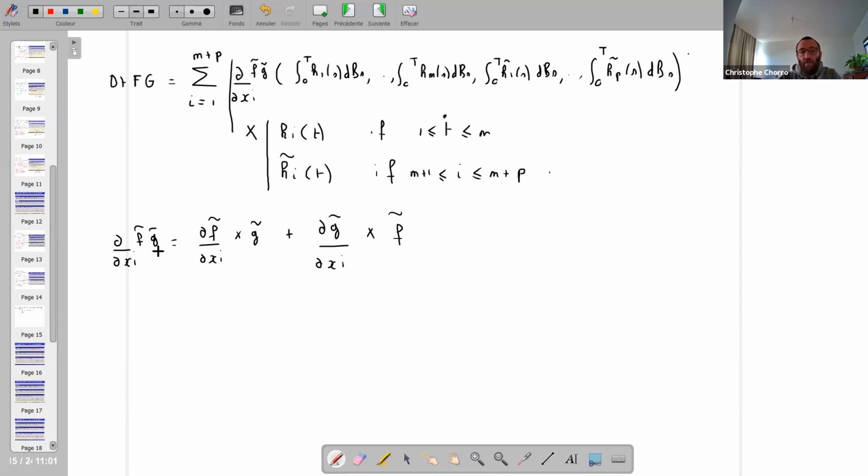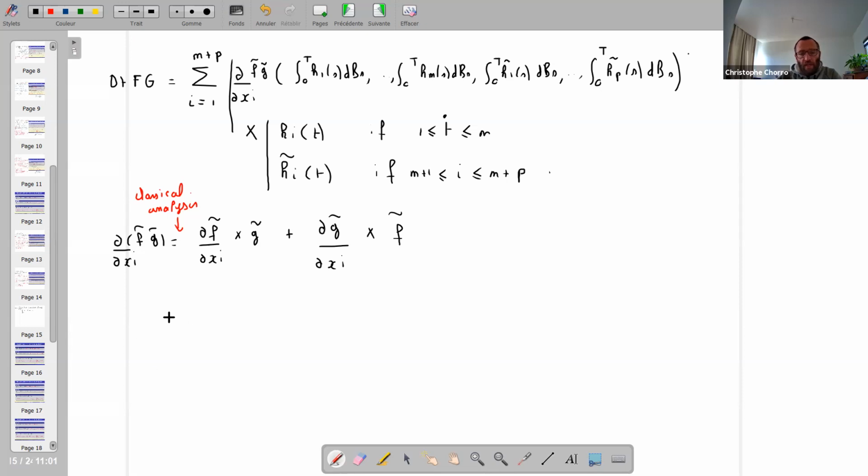So it's the classical formula for the partial derivative of a product. I have this, okay?